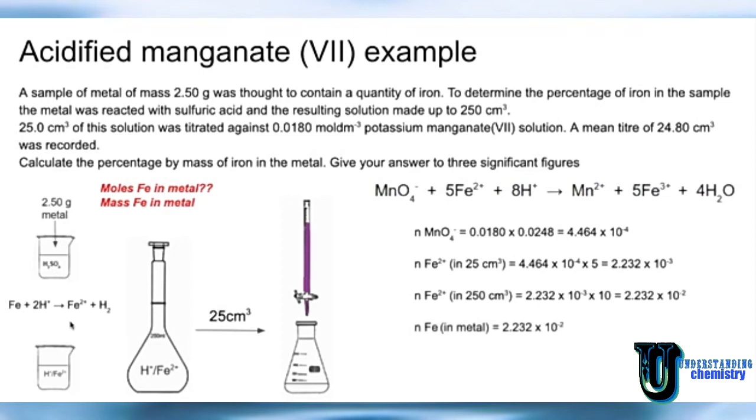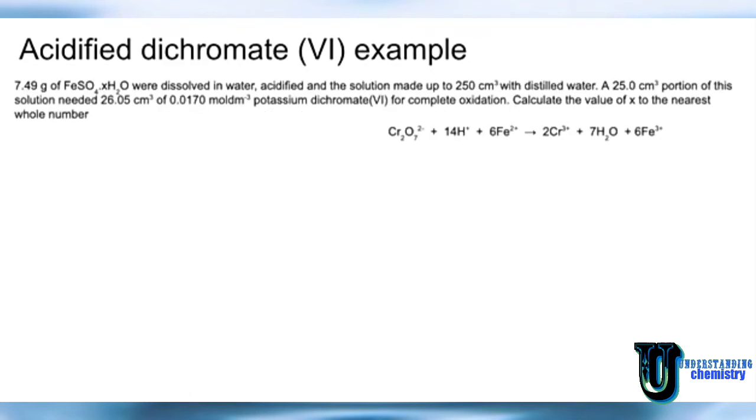So the moles of iron will be the same as well because of this 1-to-1 ratio. And so now we know the moles of iron in the metal, we can turn that into grams by multiplying by the Mr. So the metal actually contains 1.245 grams of Fe, so as a percentage, to three significant figures, it's 49.8.